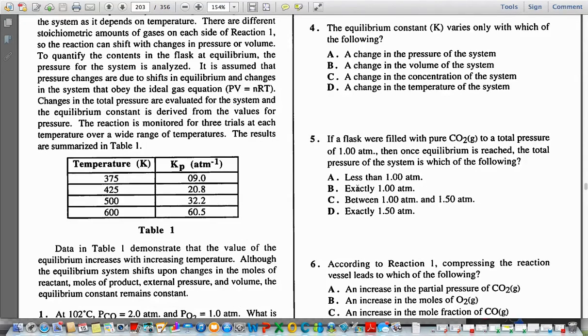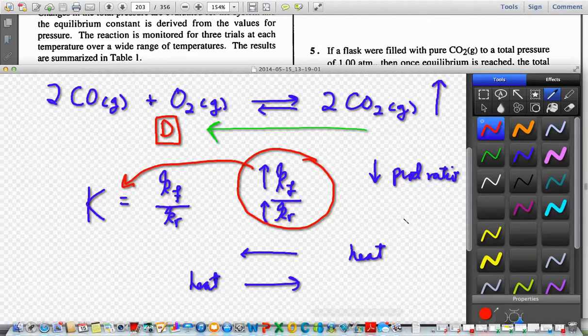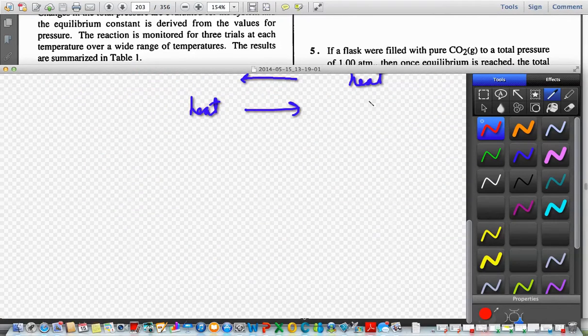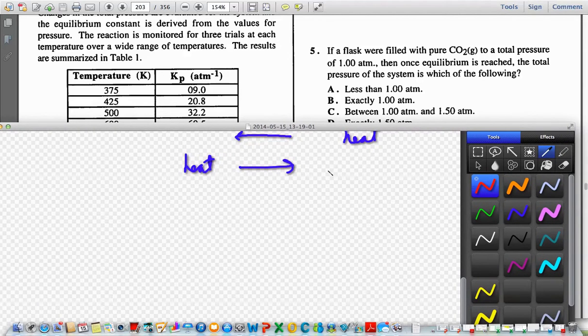What's next? 5. Okay, 5. Let's go back. Okay, a flask is filled with pure CO2. Alright, so here's what we have.